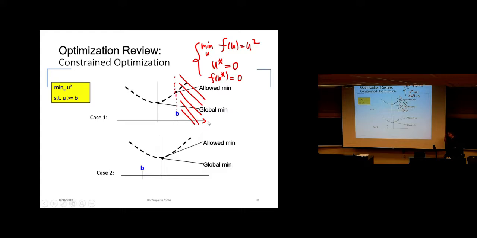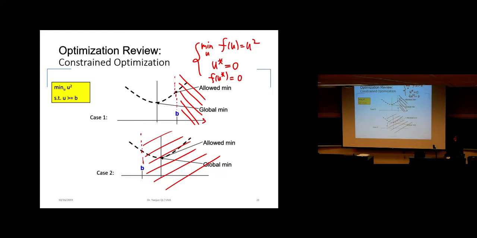So in the first case, I can't even reach 0 because b is larger than 0. For the second case, I can search all the regions larger than or equal to b, which includes the global minimal point without a constraint.